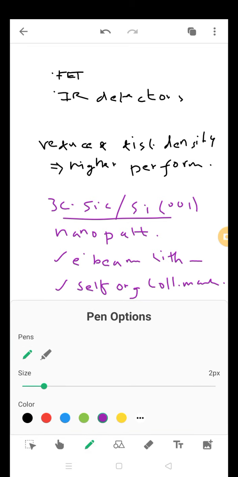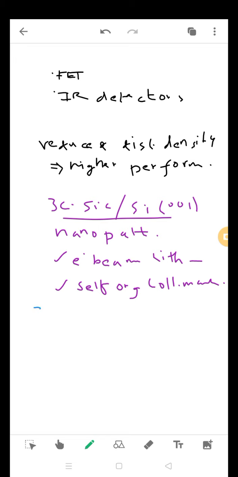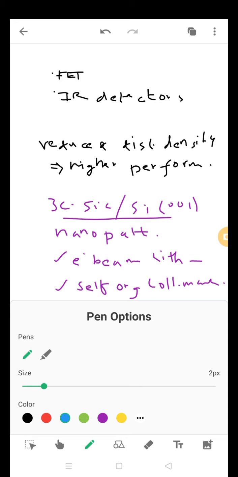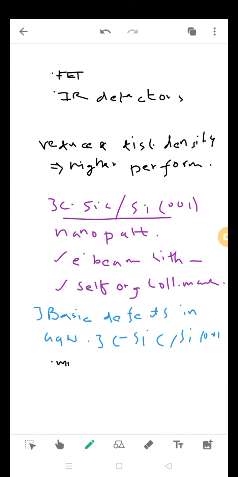Coming to the defects, there are basically three basic defects associated with gallium nitride on 3C-SiC on Si 001. The three defects are misfit dislocations, dislocations in substrates, and stacking faults.